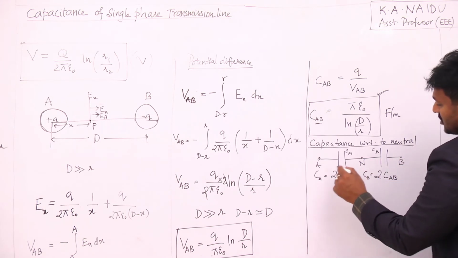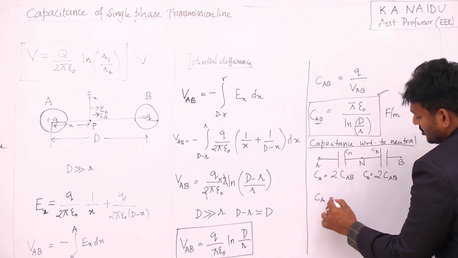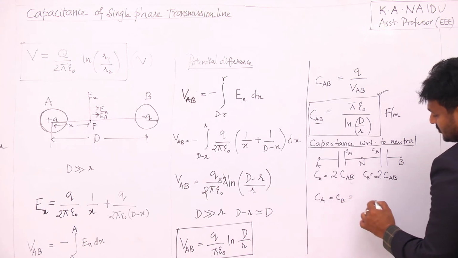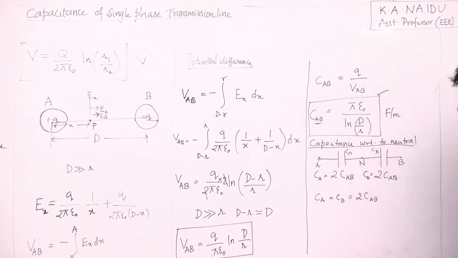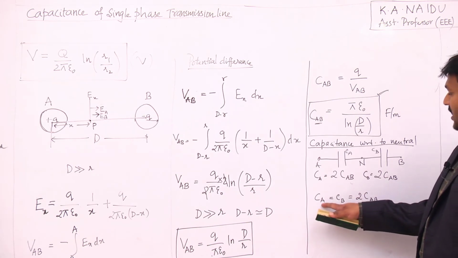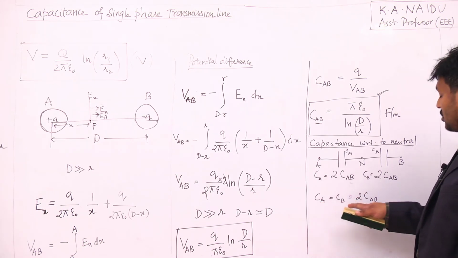So here you can take CA equal to CB equal to 2 times CAB. This is the capacitance with respect to neutral.